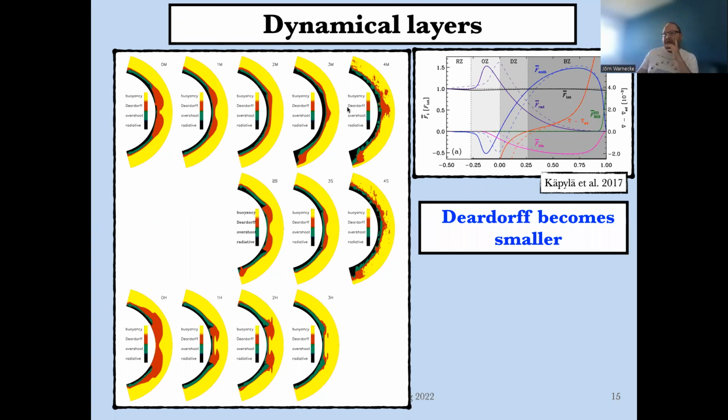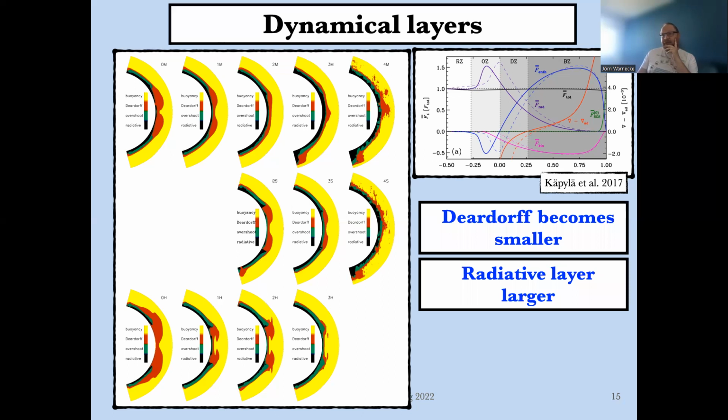And it seems that the radiative zone, which is a bit noisy, becomes stronger. Otherwise, there's not a super strong dependency. There's some difference between the hydro run and the magnetic runs. This is because in the magnetic runs you sometimes have a stronger magnetic field in one hemisphere than the other, and that's why you see this hemispheric variation of this layer.